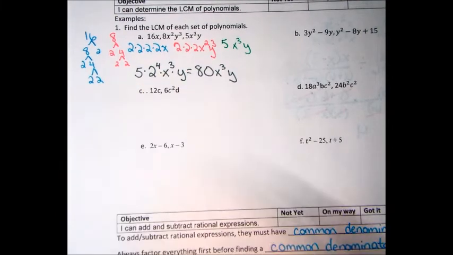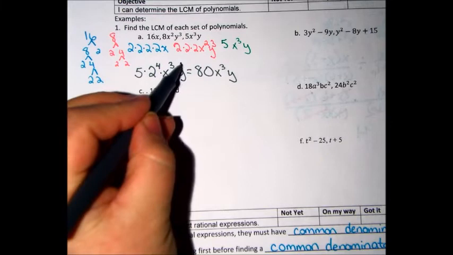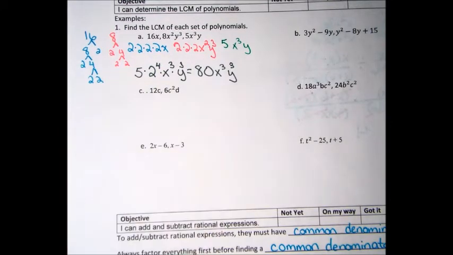There were 3 y's in the last one, so the most y's is 3, and the most y's in my answer should be 3. So the least common multiple is 80 x cubed y cubed.